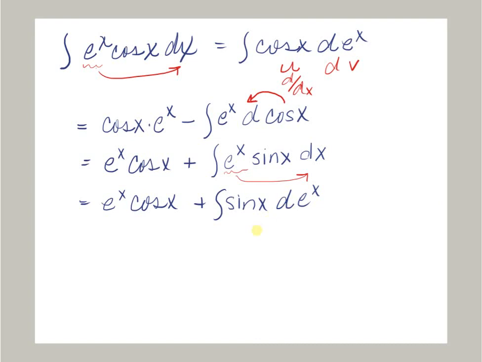And now again, we've chosen our u and our dv. So we go back, e to the x cosine x plus u times v minus the integral of v du.